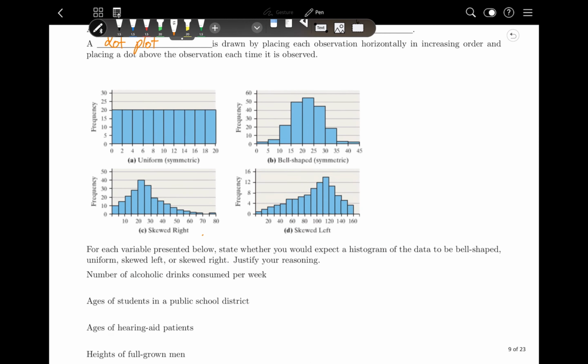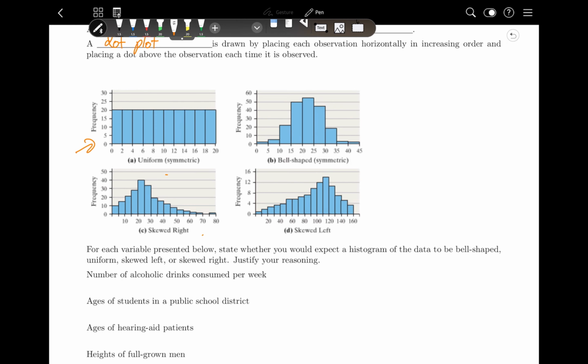If I look at this first graph right here, the lower class limits would be 0, 2, 4, 6, 8, 10, 12, 14, 16, 18, and 20. The upper class limits, depending on what type of data we're looking at, would be things like 1 or 1.9 or 1.99 or 1.9999.